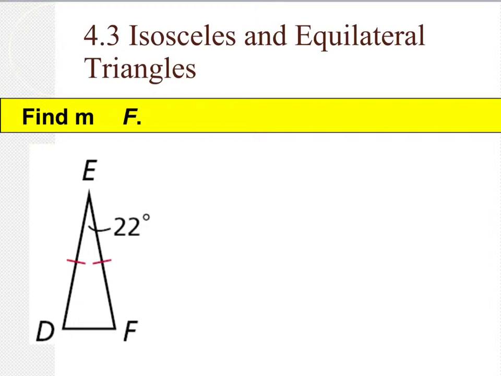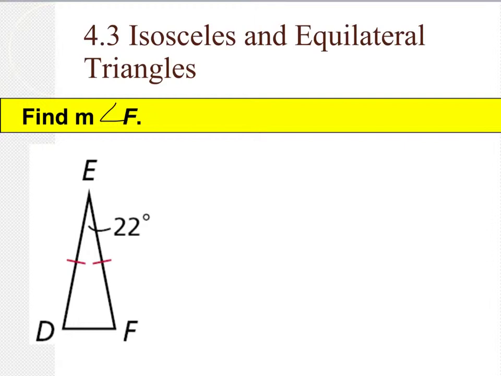Okay, so here we are looking for the measure of angle F. So we know angle E is 22 degrees. How can we figure out D and F? I want you to brainstorm an idea, see if you can come up with it. Alright, we know E. We don't know D, we don't know F. So when we look at this, we have 22 degrees.